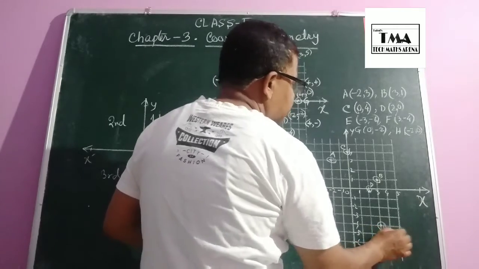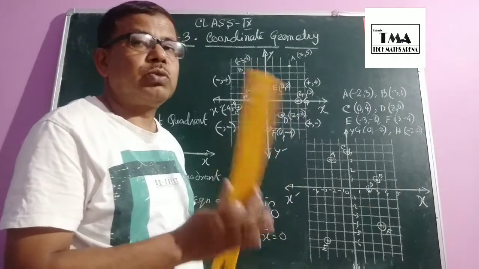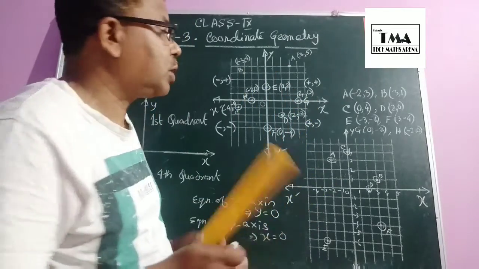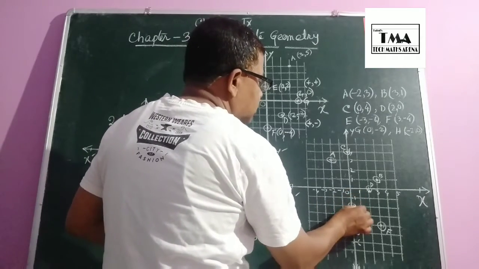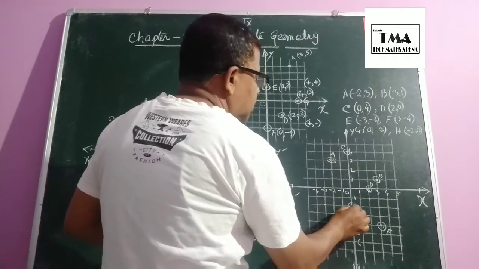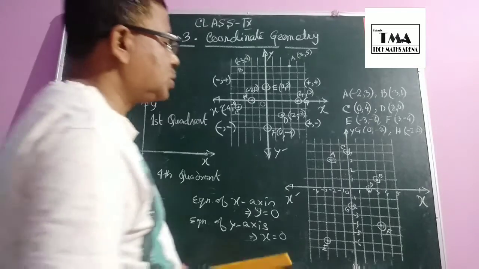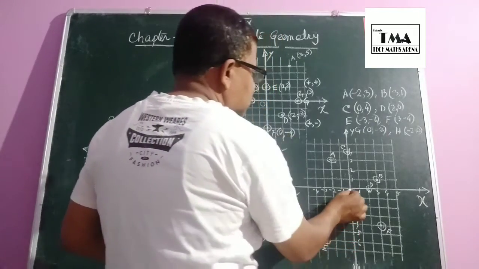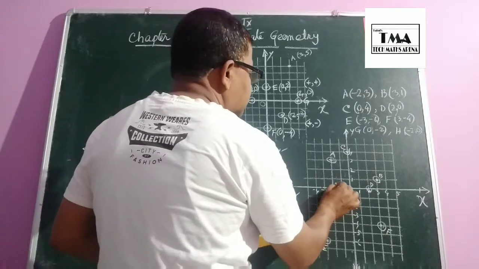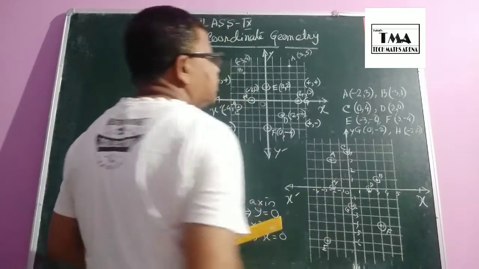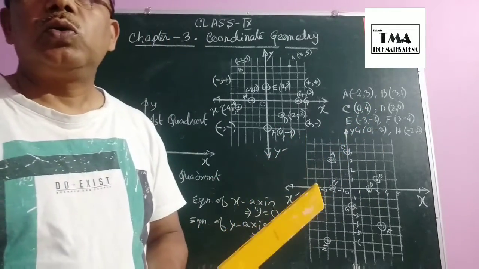This is point F. Then (0, -2): the x coordinate is 0, so it will lie on the y-axis; 0, 1, 2, this is point G. H is (-2, 0): minus 1, 2 and 0, here it will be H. Okay, so these points are located.